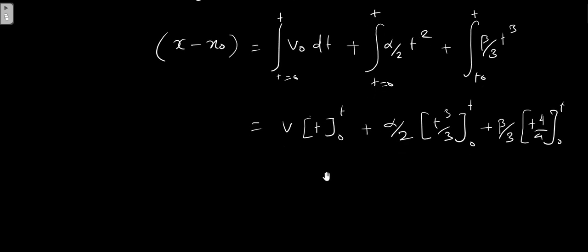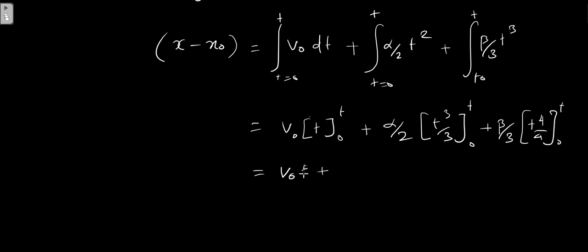After applying the limits, there is no need for the lower limit because it is 0; there is nothing left when removing 0 from something. So we have v0 t, then alpha by 2 times 3, that is 6, t cube, then beta by 12 t power 4, then the integral constant c. So this is the final form.